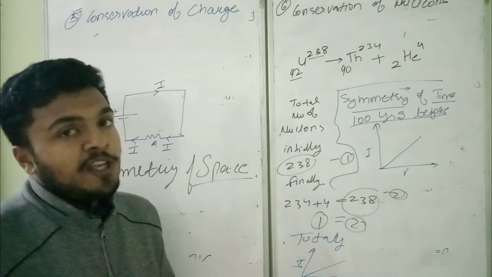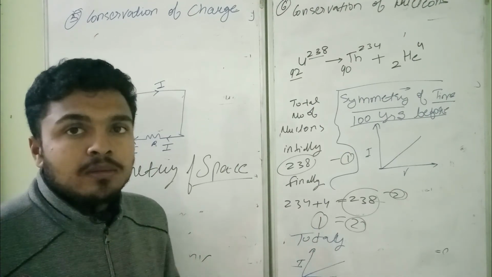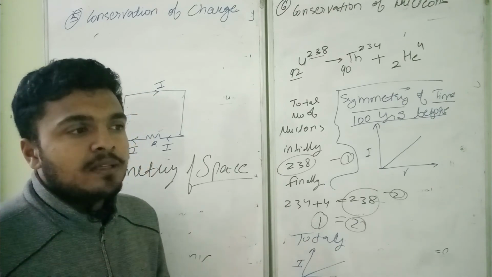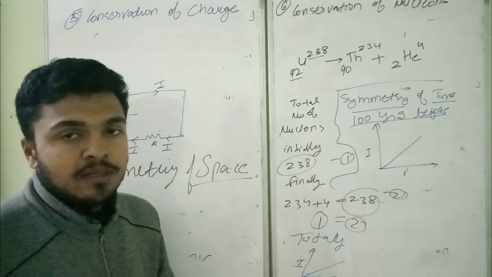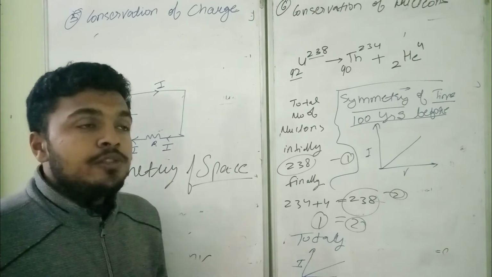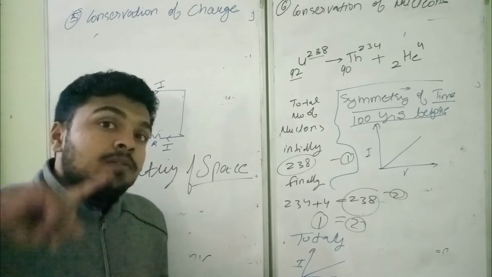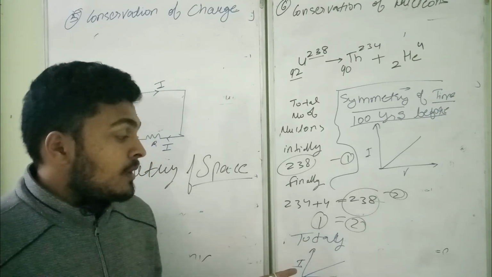The same result. If you perform it at your home, you will get the same result. If you perform this experiment on the moon under the same conditions, you will get the same result. If you perform this experiment at another end of the universe, even then you will get the same result.